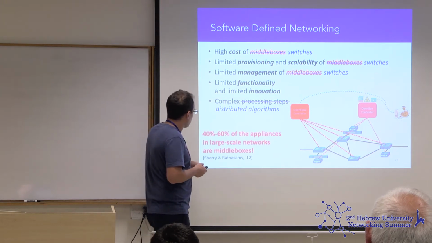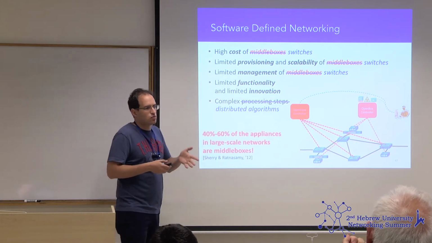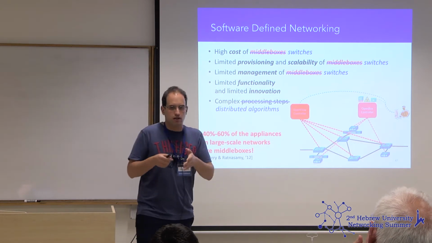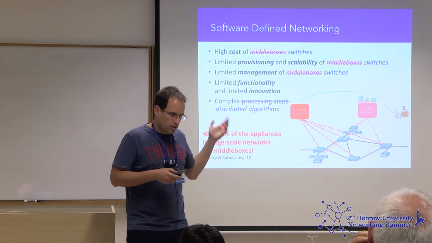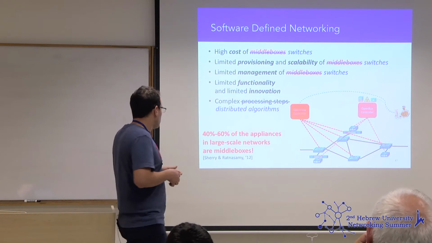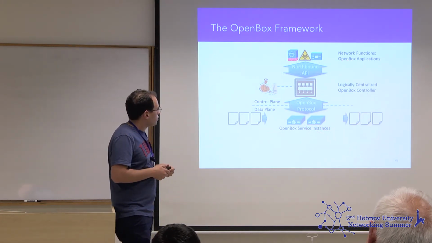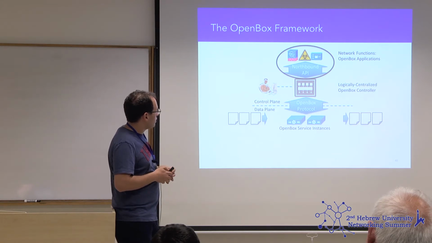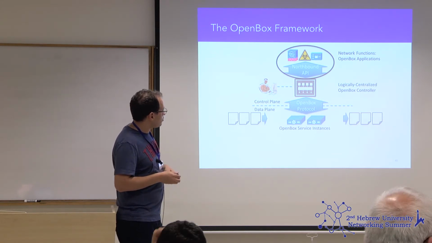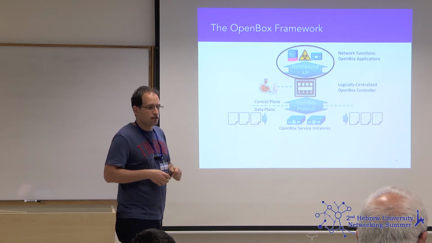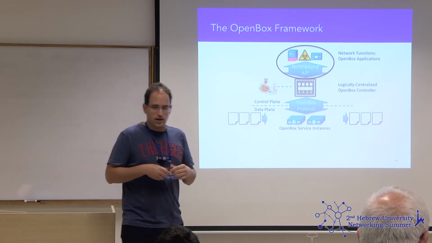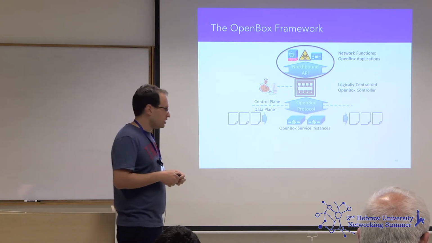And we know that about 50% of the appliances in networks are not switching devices. They're these more complex devices. So we need to handle them as well. This is how the framework looks. We have this Northbound API for defining network functions. Now network functions are defined on top of this controller instead of just being deployed everywhere in the network.